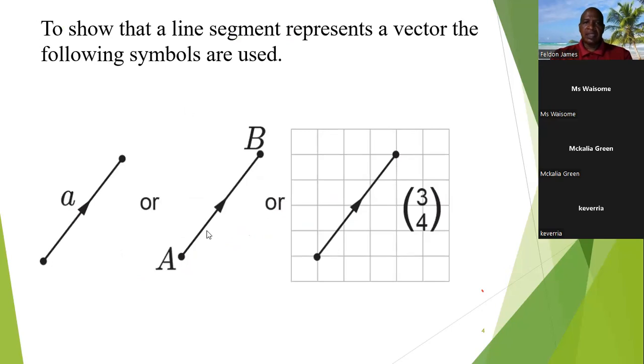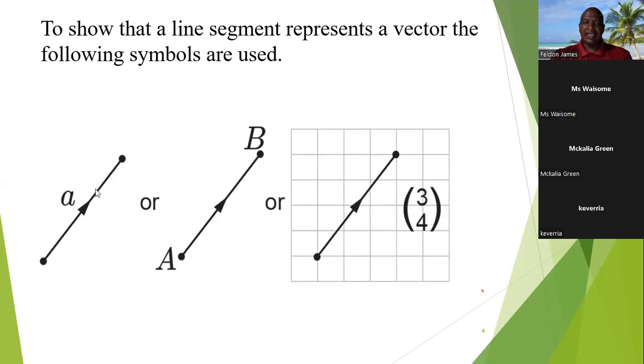Now, these are the various ways that a line segment is used to represent a vector. These are all different ways to represent vectors.